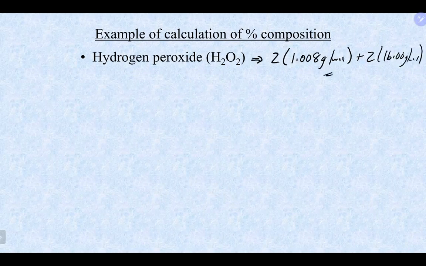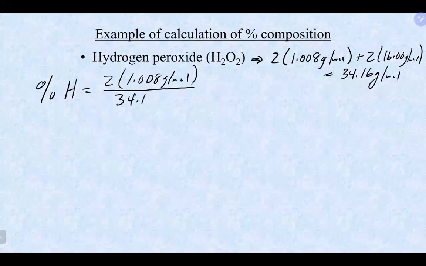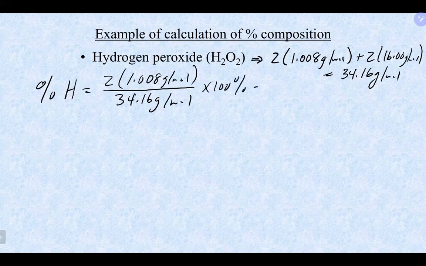That is going to give us 34.16, I believe, grams per mole. So to find the percentage of hydrogen, we would take the mass of just the hydrogen part, which would be 2 hydrogens, each at 1.008, divided by the molar mass of the entire thing, 34.16, times 100%.